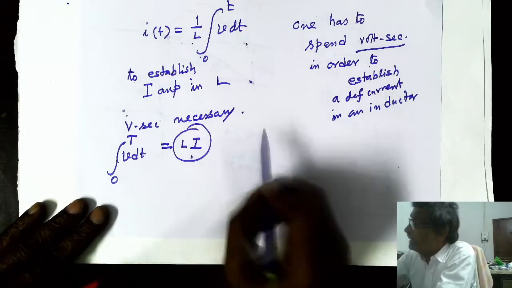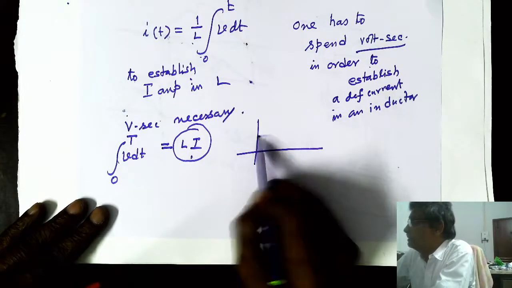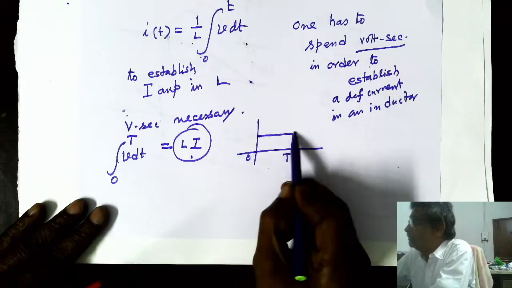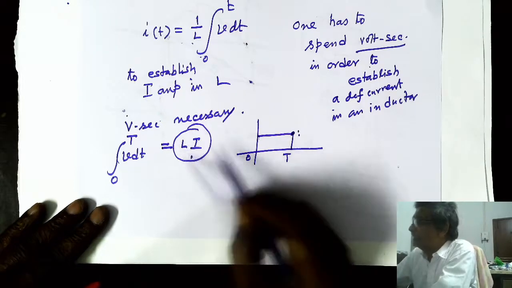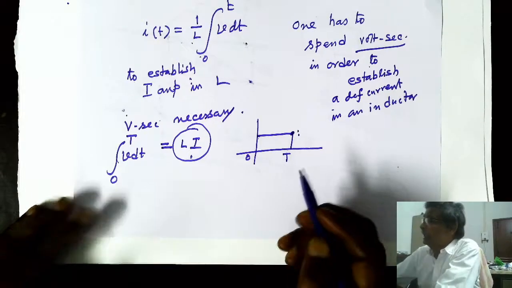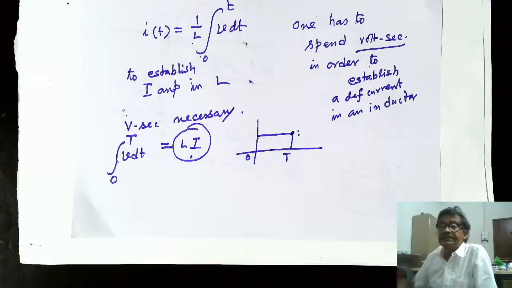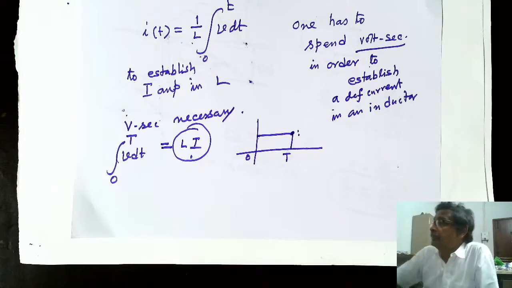This I can realize maybe by a pulse. From 0 to t, I can find out the amplitude of this voltage, because I know the volt second, divided by t. You can use any voltage pulse, but the only thing is the area under that voltage-time graph has to be this value.